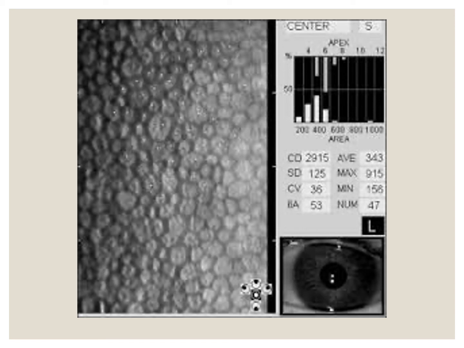So we have many cells of different sizes. We have very large cells as well as very small cells, what we call pleomorphism. At the same time, the percentage of hexagonality is more than 50%, but it's borderline.